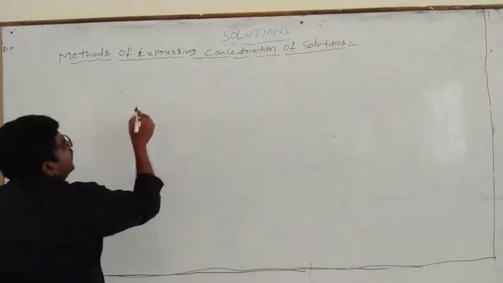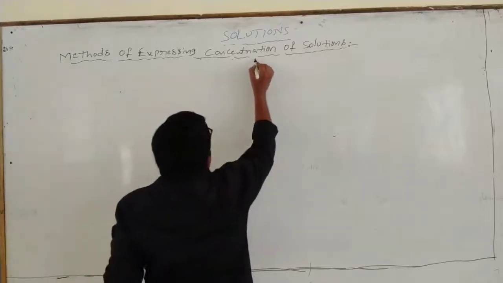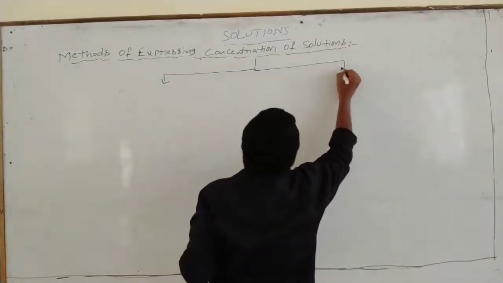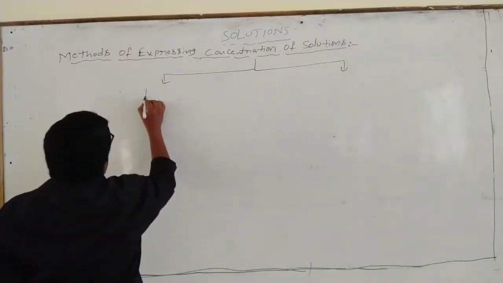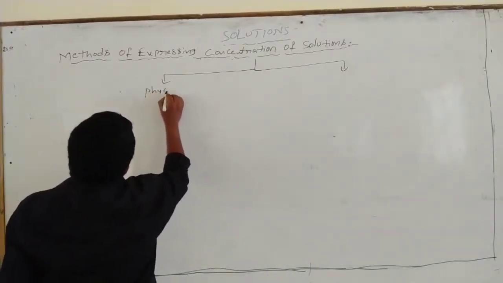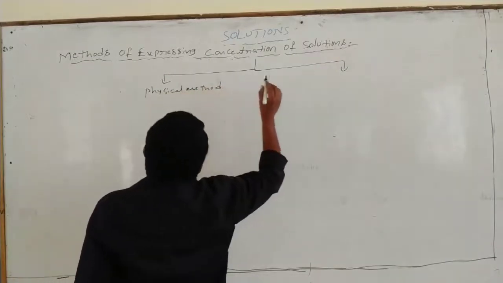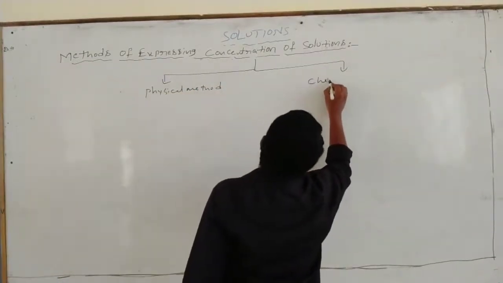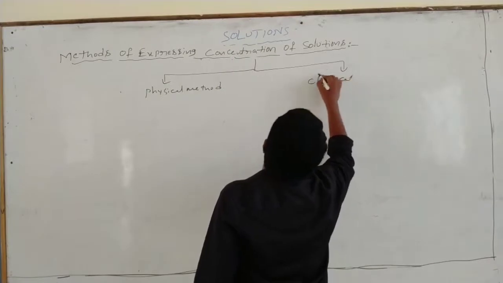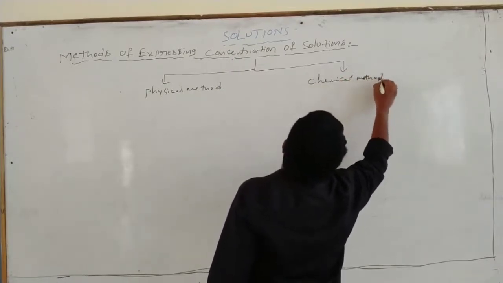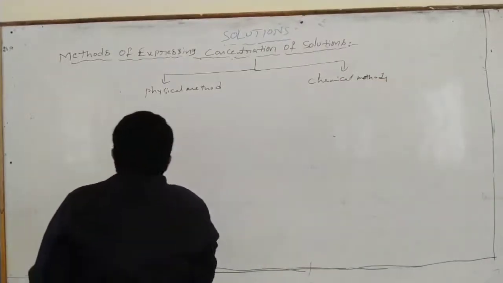One is the physical method, and the second one is the chemical method. What are the physical methods?